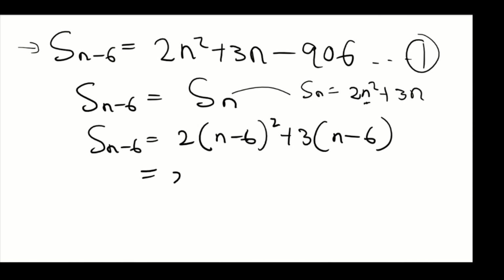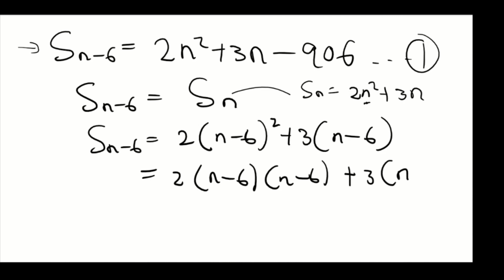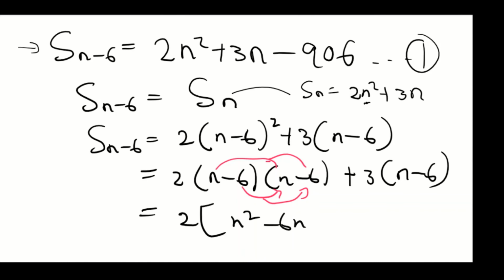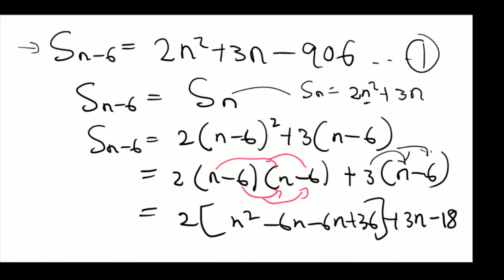Then we expand this expression and find the product. So it's going to be 2 into n squared minus 6n minus 6n plus 36, plus, then you multiply the 3 inside, you will have 3n minus 18.